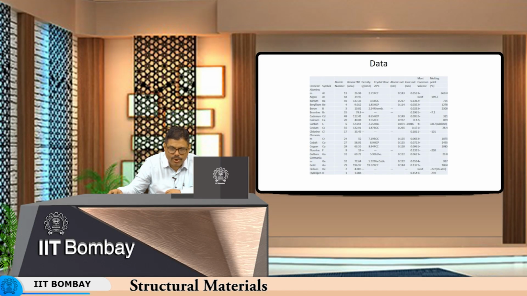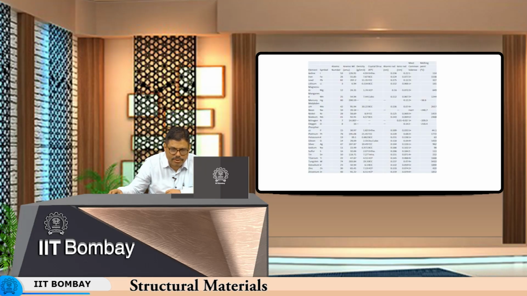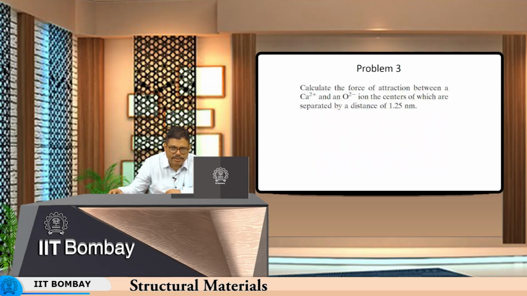nanometer. Ionic radius is 0.1 nanometer, and that of oxygen, O2-, is 0.14. So now the two radii are 0.1 and 0.14.